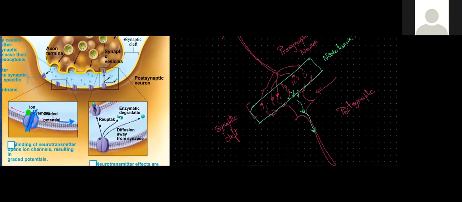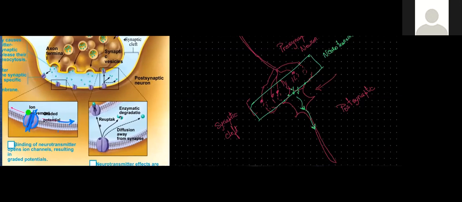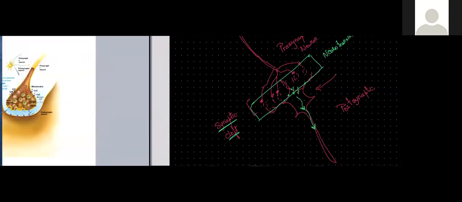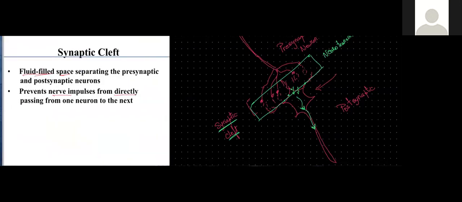And we did justify the presence of the synaptic cleft by saying here that this synaptic cleft is going to be beneficial to prevent any direct passage of an electrical impulse from one neuron to the next neuron.